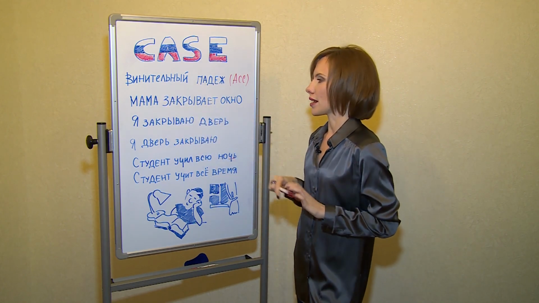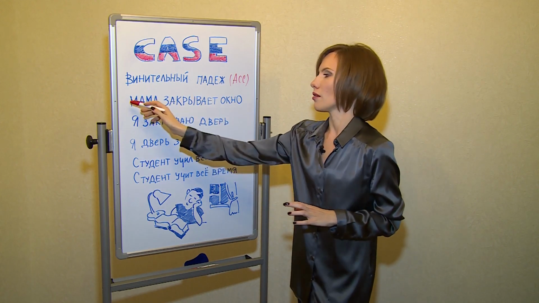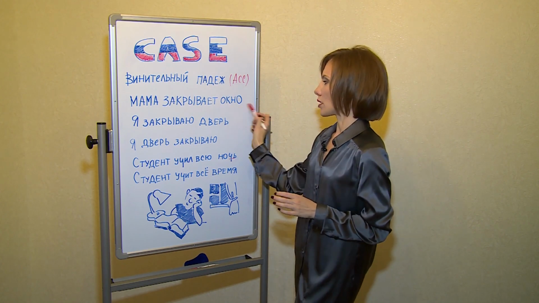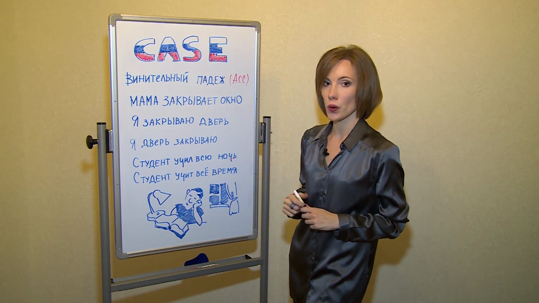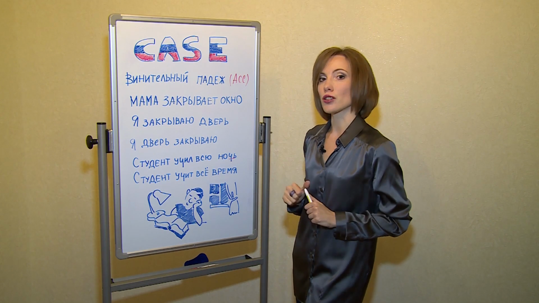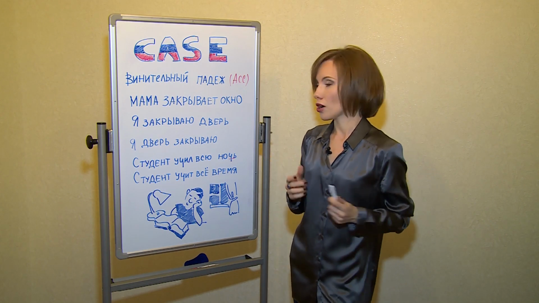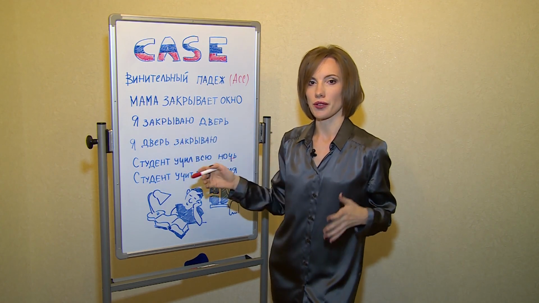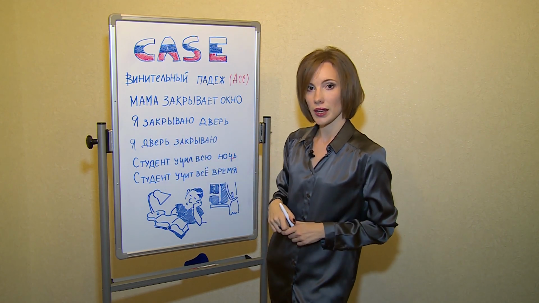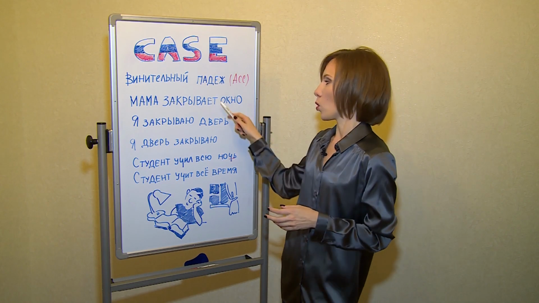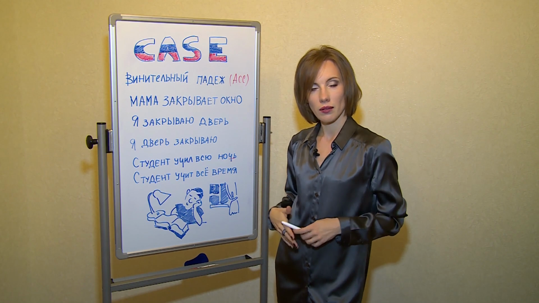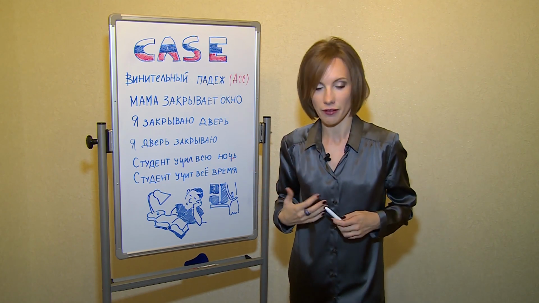In this sentence, the word мама is the subject. The word окно, window, is the direct object. So, the word mother occurs in the nominative case, while the word window, окно, takes the accusative case.